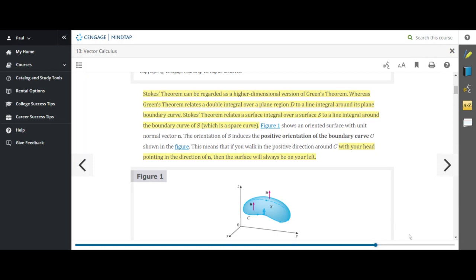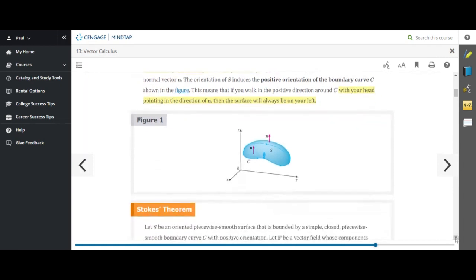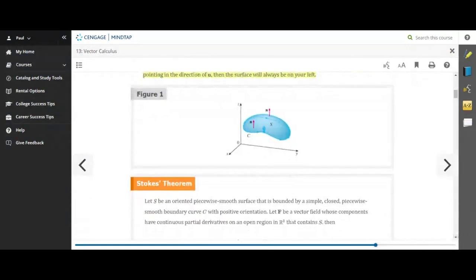So in the picture here, in figure 1, you have a space curve C in three-dimensional space, okay? And the space curve C encloses in its interior a surface. Now, what's the outward orientation? Remember, outward orientation is critical when we're talking about flux.